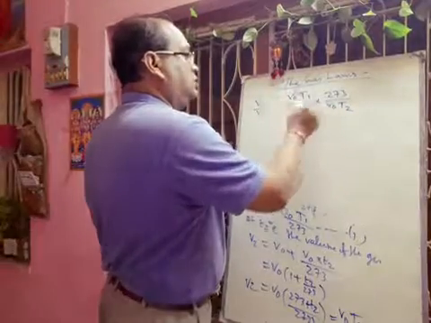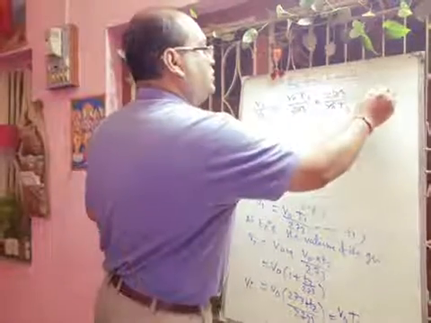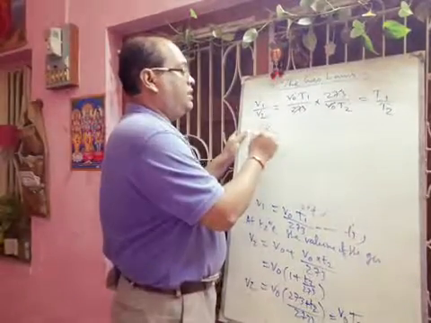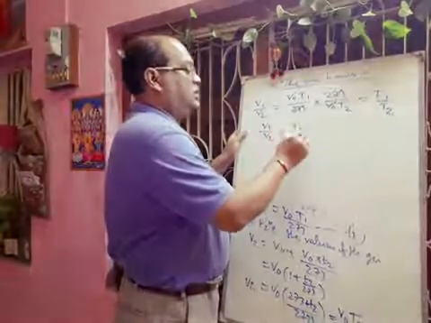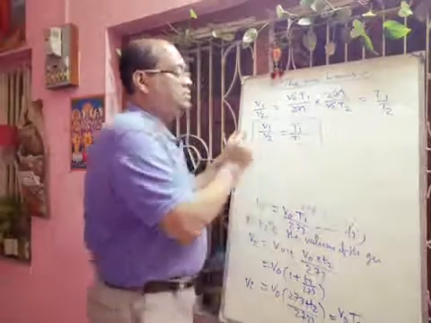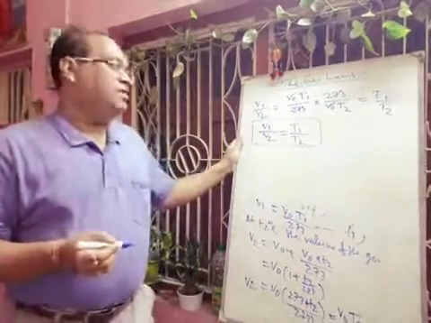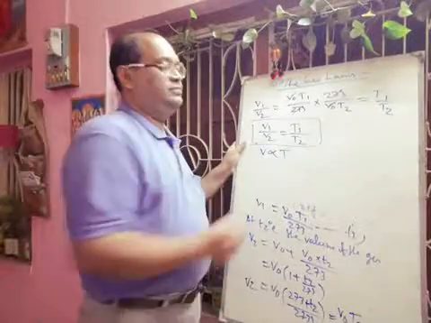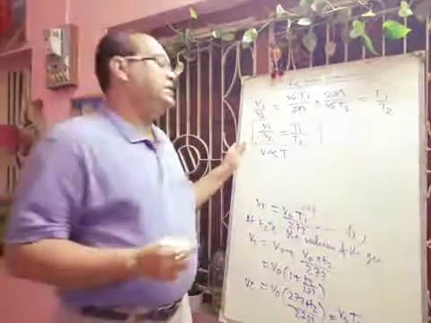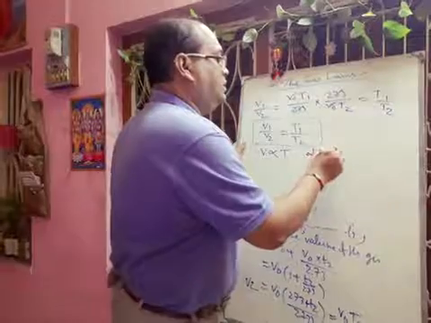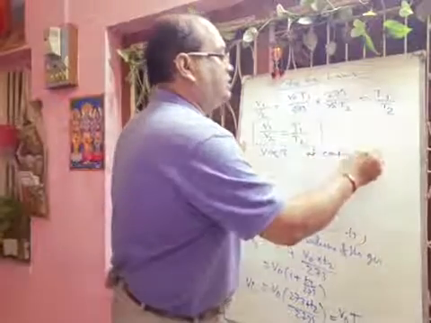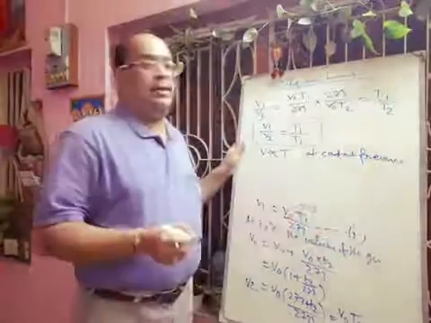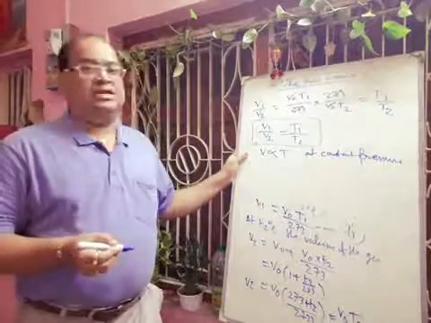So this will cancel, and that will be equal to T1 by T2. So from here we get that V1 by V2 is equal to T1 by T2. Hope you can understand. So from here we can easily write that V is proportional to T when pressure is constant. This is another form of Charles' law.